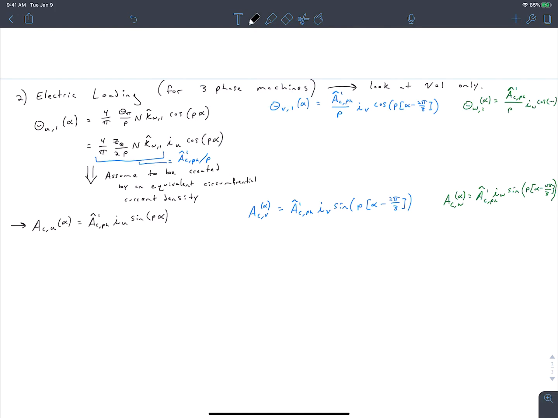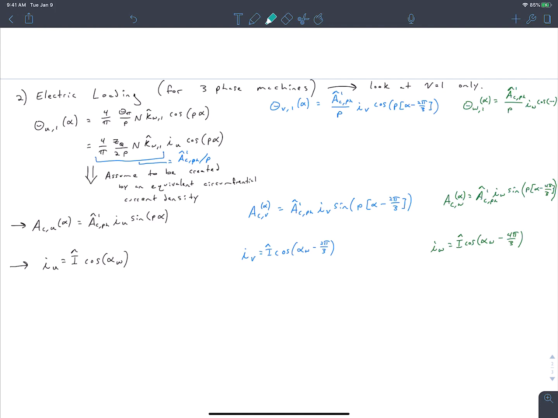And so we then combine this with 3-phase currents that were also shifted by 2 pi by 3. So we had these expressions for circumferential current density, and we added to that 3-phase currents of a magnitude I hat and an angle of alpha W. And that is what we use to drive our electric loading. So let me summarize where we are.